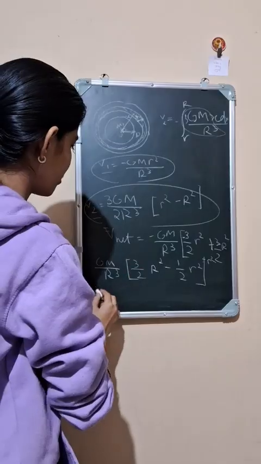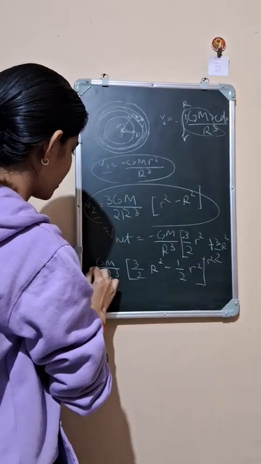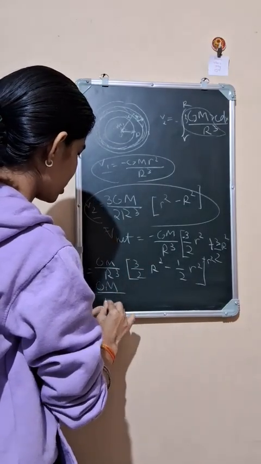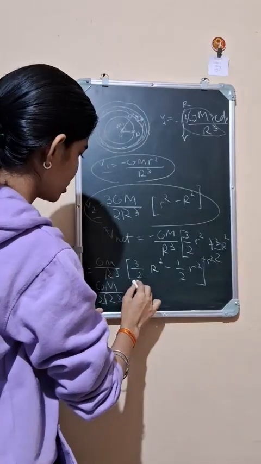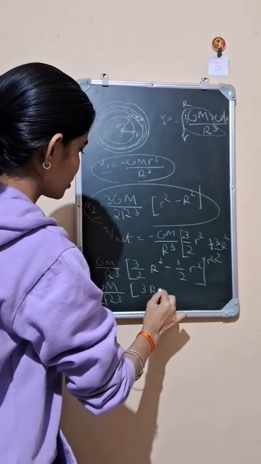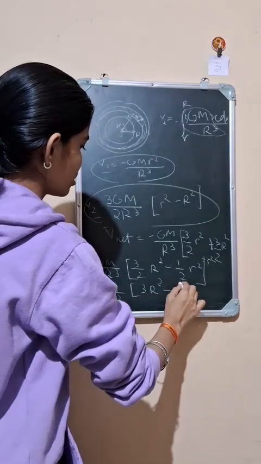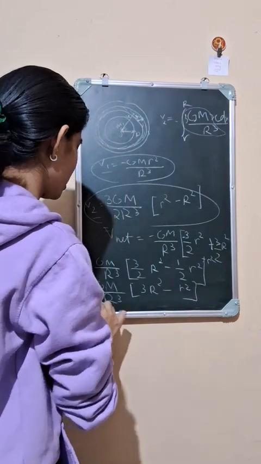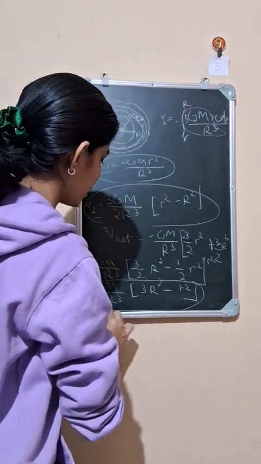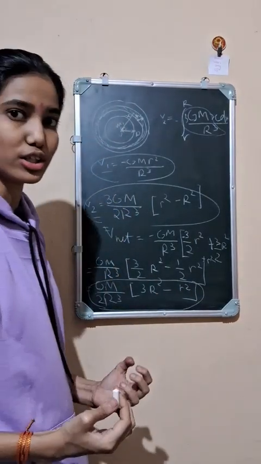So if I take 1 by 2 common, it will look something like GM by 2R cube, 3 capital R square minus small r square. This is the potential due to a point inside the solid sphere.